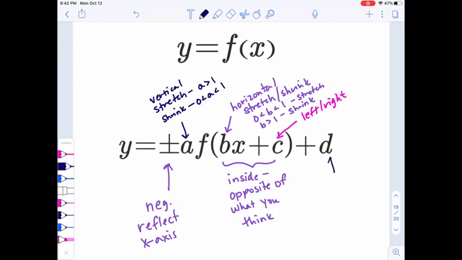And the other piece that's going to have a vertical shift, this is going to be a vertical up or down. And it's exactly what you think. If it's a plus, you're moving it up, and if it's a minus, you're moving it down. So if you stuck with me for the whole thing, that should be a nice little summary of all of our transformations.